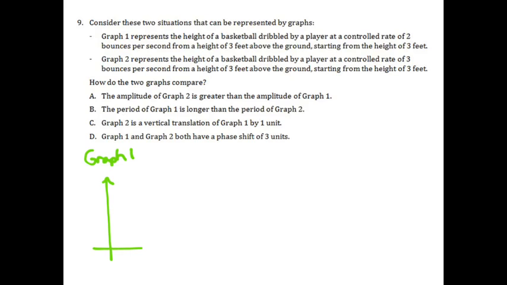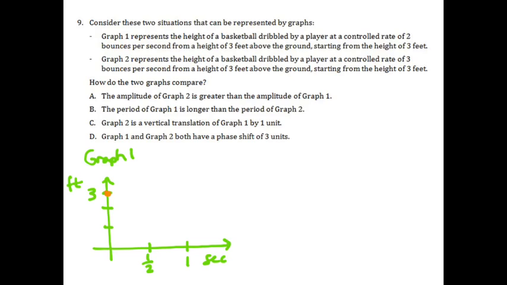So graph number 1, we've got a basketball starting out at a height of 3, 1, 2, 3, and it says that this player bounces the ball 2 bounces per second. So I'm going to say this is 1 second, so this would be half a second in feet.